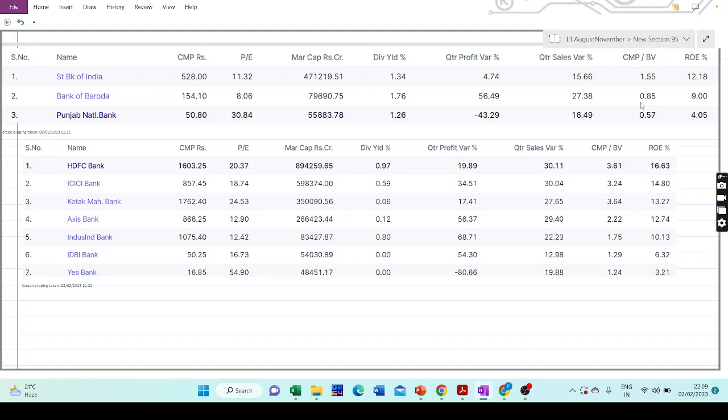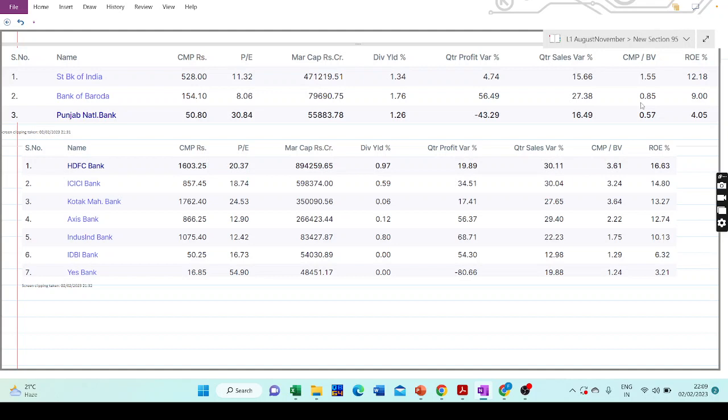Yes, the market value of equity is less than the book value of equity, right? And you will be so happy that, oh God, I've found such a stock where the market value is less than book value. How is it possible, right? Because market values are always higher than the book values.